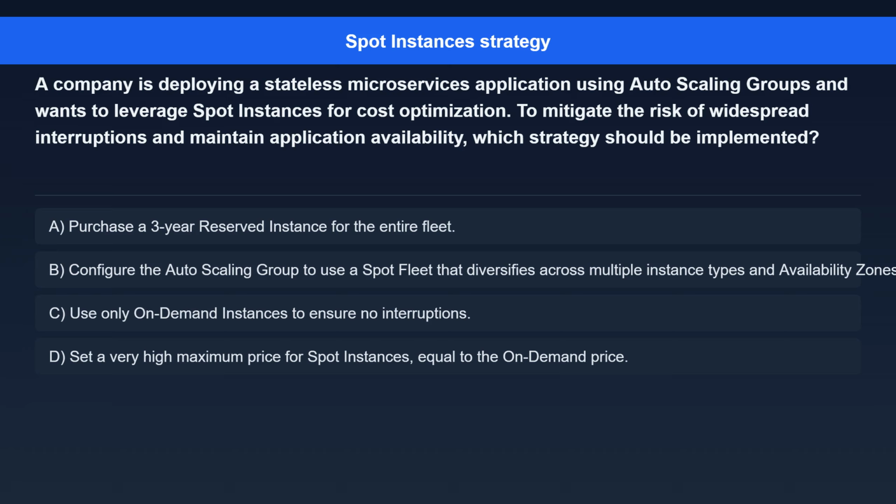Option B. Configure the auto-scaling group to use a Spot fleet that diversifies across multiple instance types and availability zones. Option C. Use only on-demand instances to ensure no interruptions. Option D. Set a very high maximum price for Spot instances equal to the on-demand price.